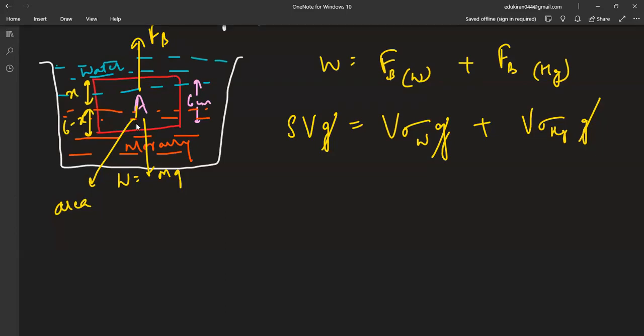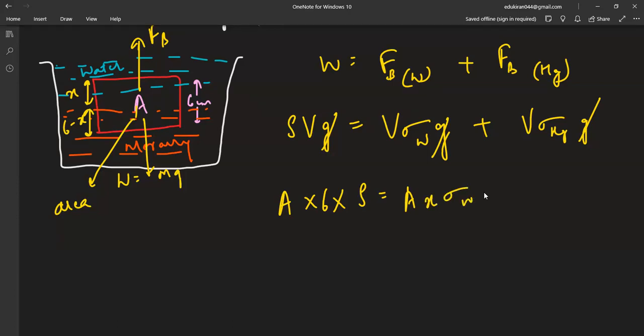Come to the weight of the body. When we are talking about this entire body, what is the area? Area is A. What is the thickness? Thickness is 6 centimeters into density of the body is equal to. Come to volume for water, just the water portion. Area is A, but the length, the distance that is covered in water, we have taken as x.